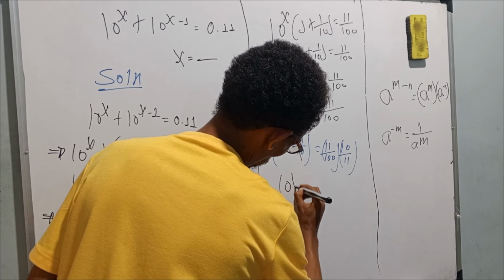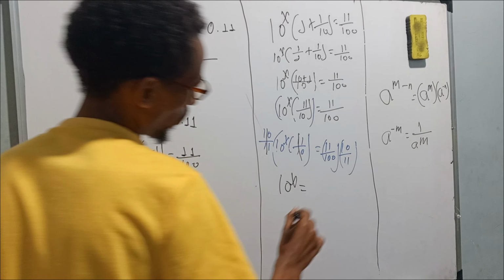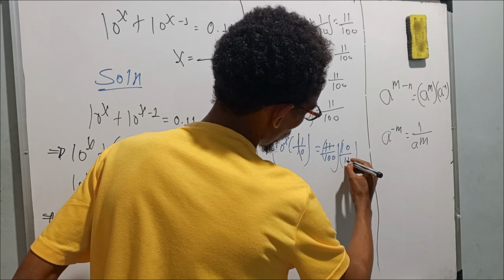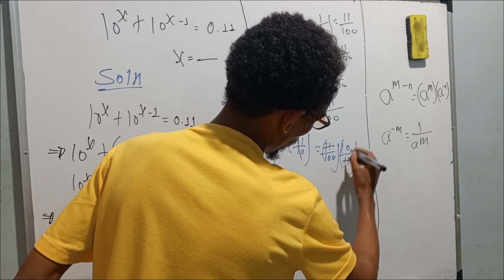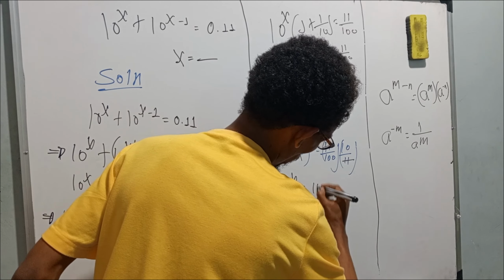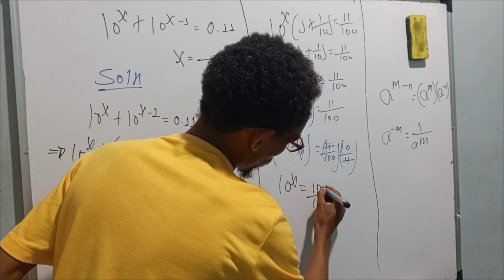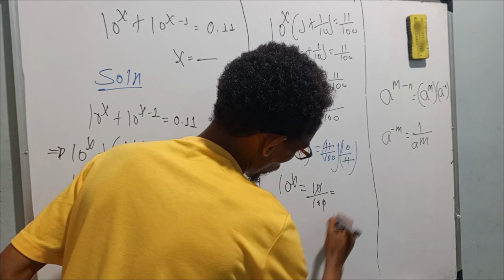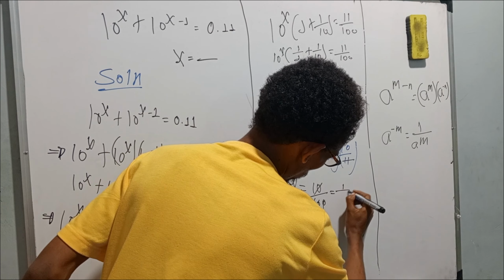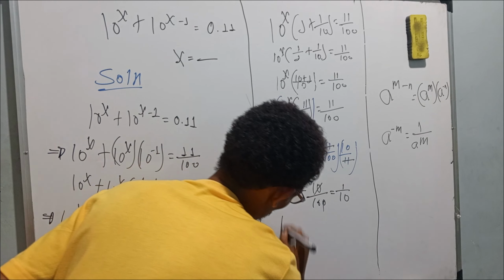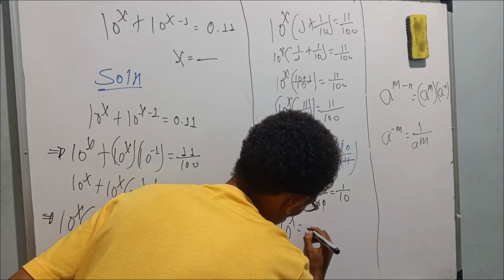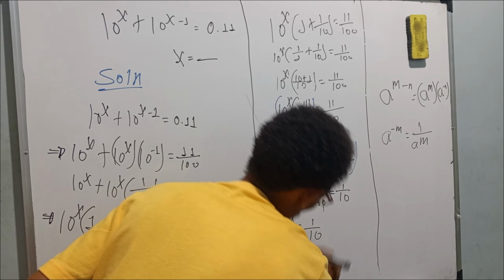10 to the power of x is left. Then from the right, this 11 is eliminated by this 11. Then 10 divided by 100, this 0 is cancelled out by this 0, which is equal to 1 over 10. Great. Then 10 to the power of x is equal to 1 over 10.